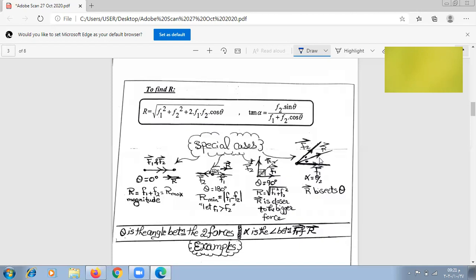In this case, alpha will be equal to theta over 2, where alpha is the angle between the resultant and the first force, and theta is the angle between the two forces. If we have theta equals, say, 120, in this case, alpha, the angle between the resultant and the first force, is 120 divided by 2 equals 60. 60 and 60. Okay.